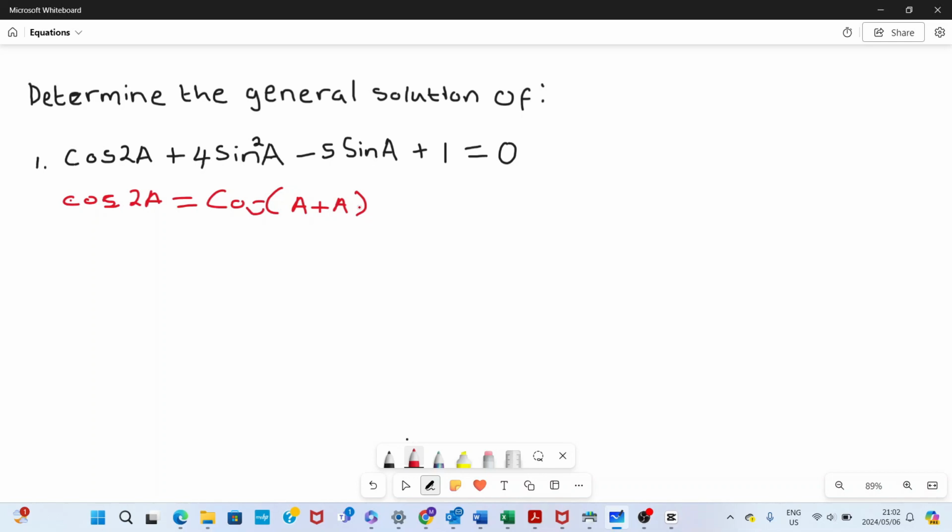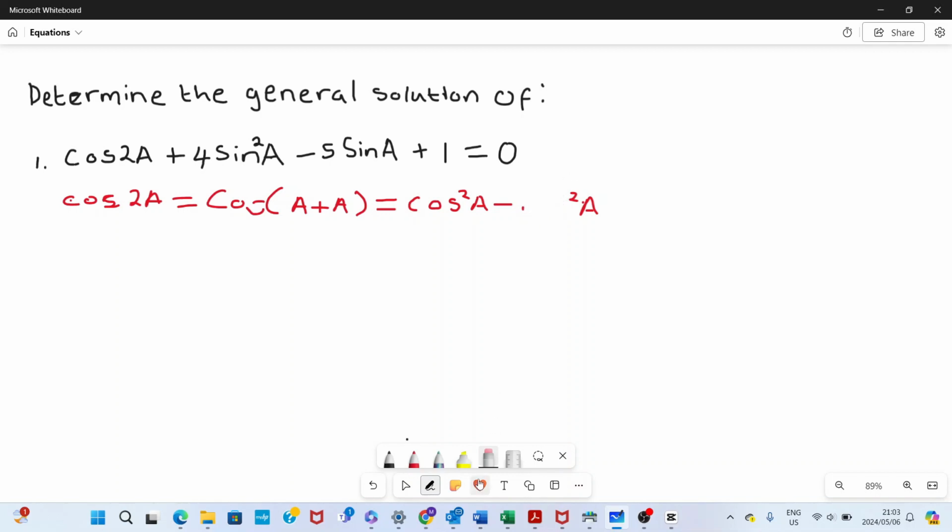And this is also equal to cos squared of a minus, sorry, this cannot be cos squared of a, this has to be sine.